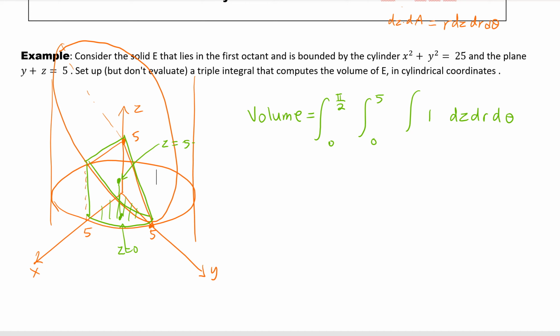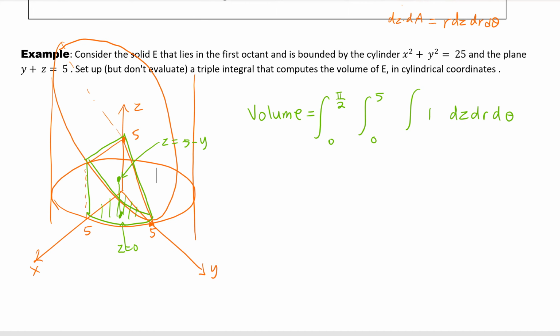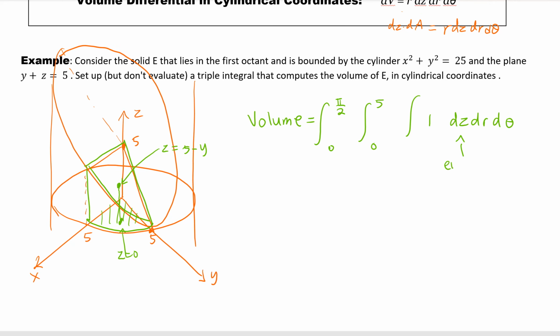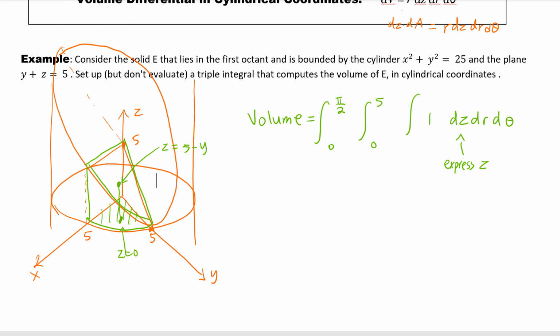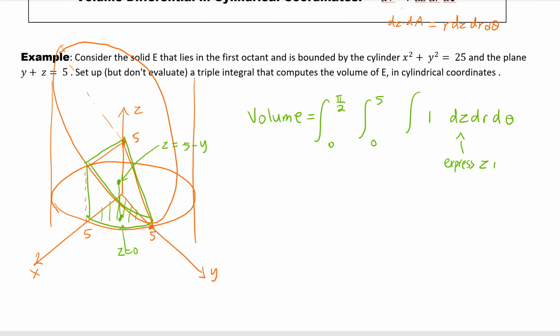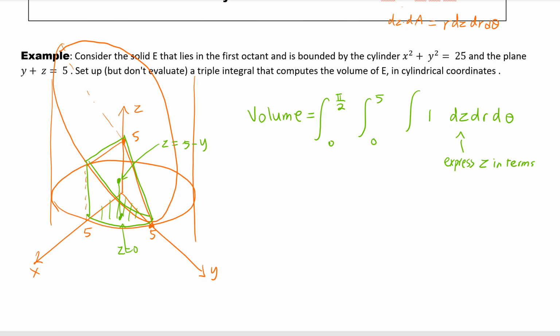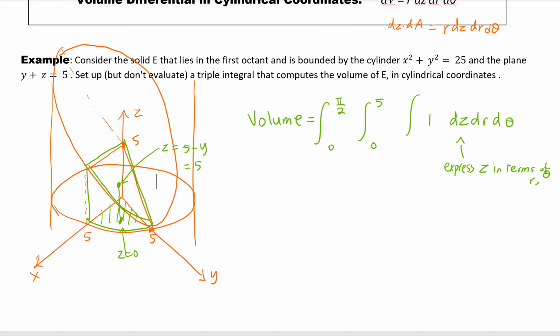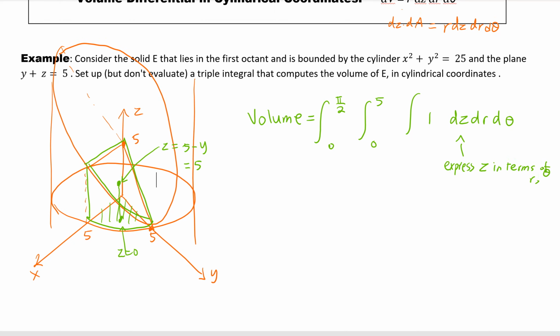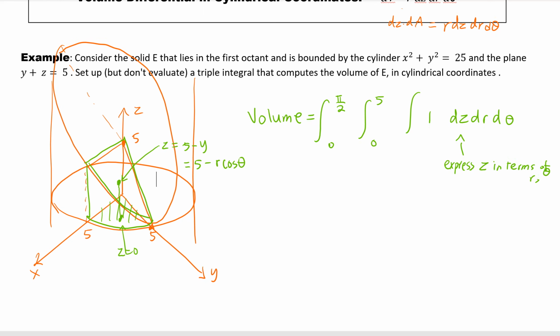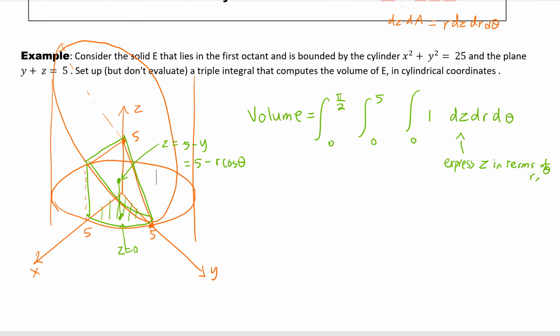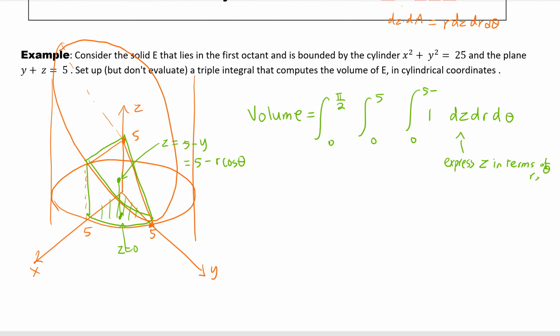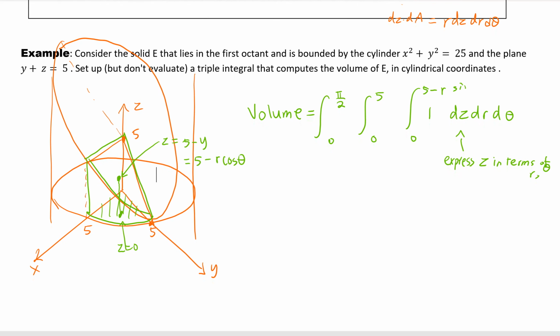So z equals 5 minus y, but because we are using cylindrical coordinates, we want to have z as a function of r and theta. So we want to express z in terms of r and theta. Okay, and we know that y equals r sine theta. So we have z from 0 to 5 minus r sine theta.